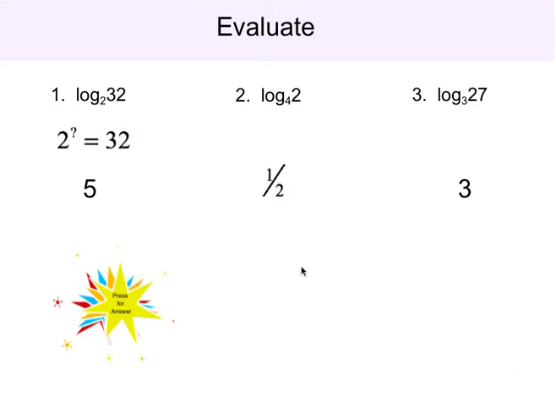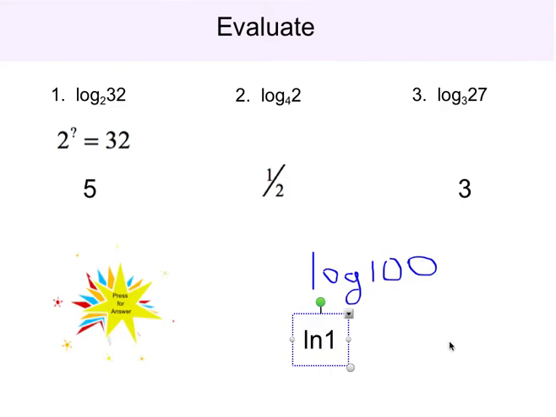One more thing about logs. If you write a log like this with no base, it is assumed to be base 10. If you write ln, it means log base e.